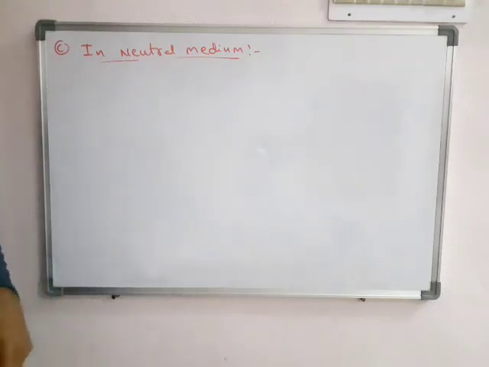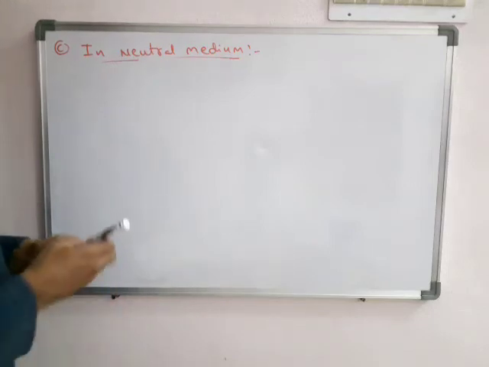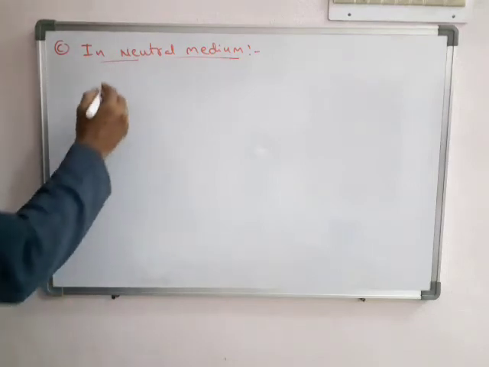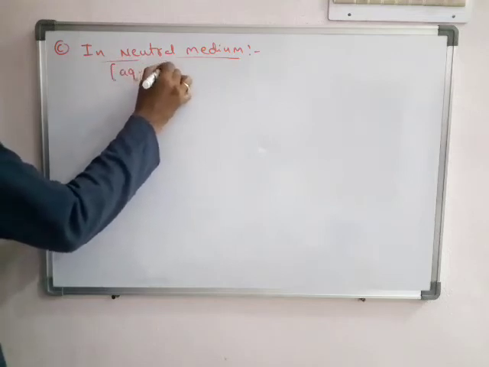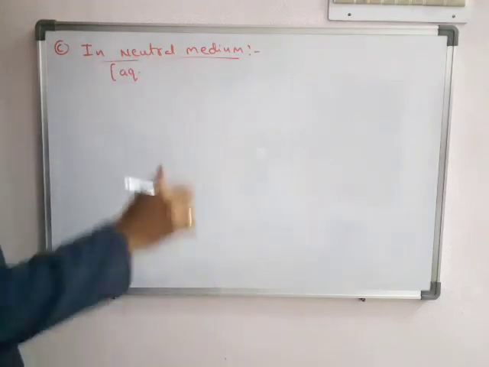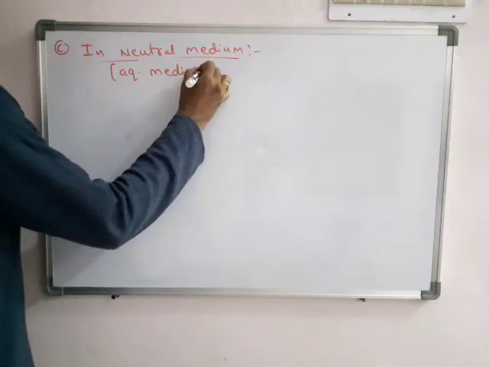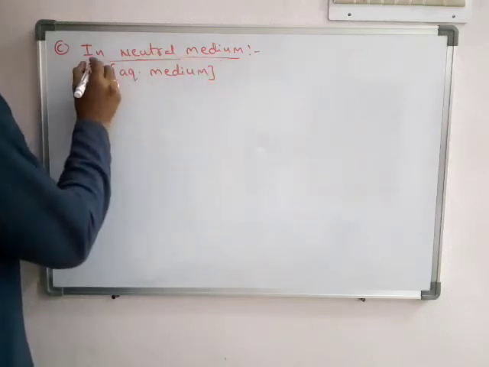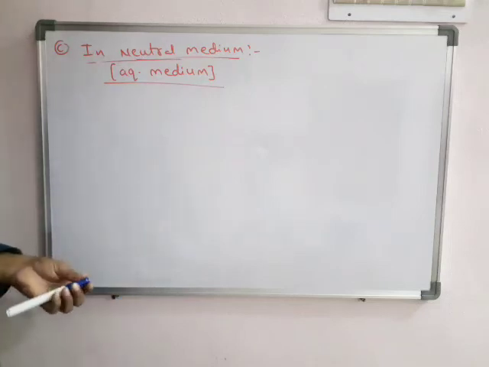So it is observed that in neutral medium, sometimes it also gives an aqueous solution, or we can write aqueous medium. Means in aqueous medium also it is showing the same type of change. Okay. So what is that change?